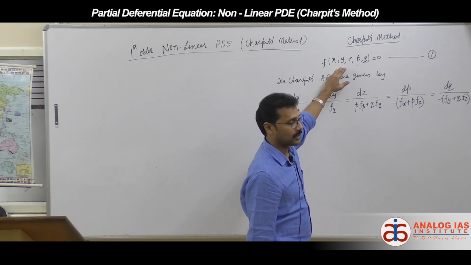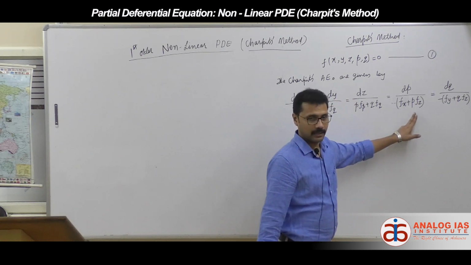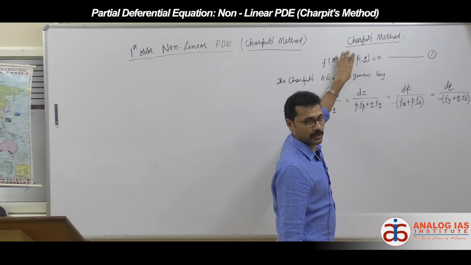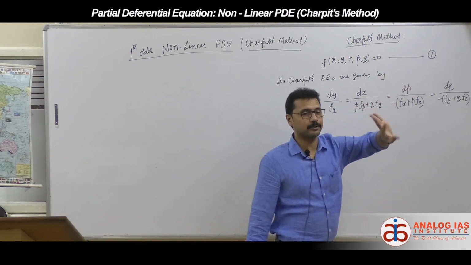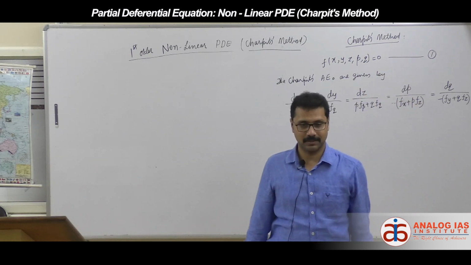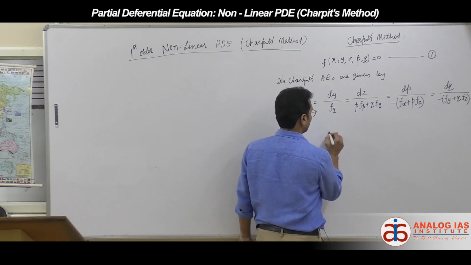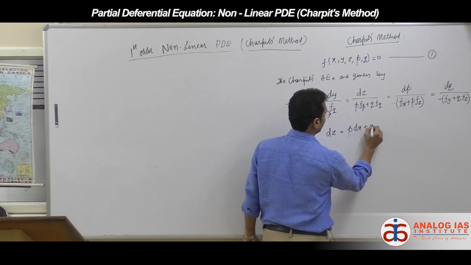That is one way. Second way of doing things is get P, substitute in this one, you will get Q also in terms of the same arbitrary constant. Then there is one universal rule, dz equal to p dx plus q dy.